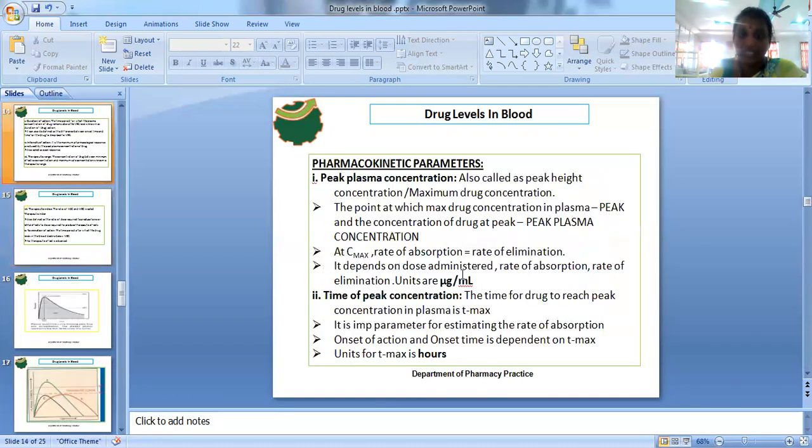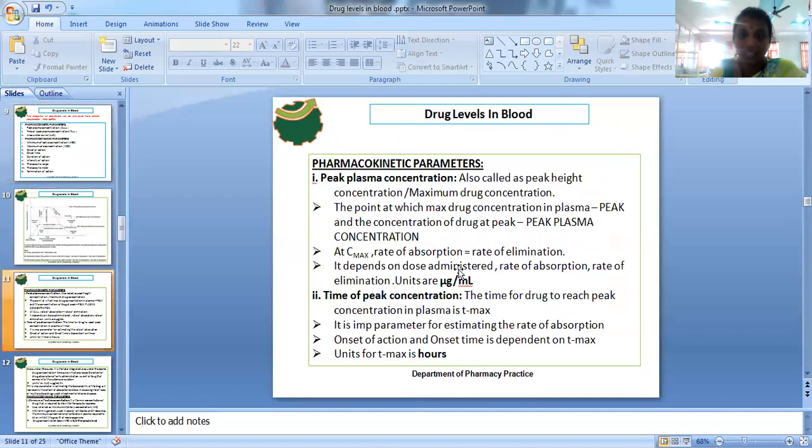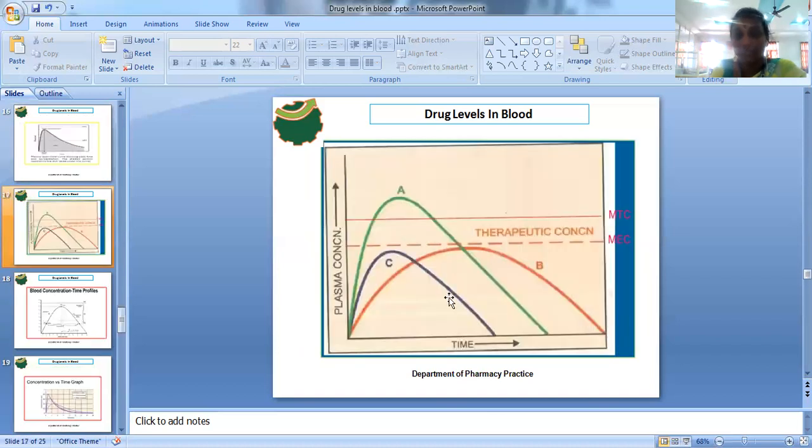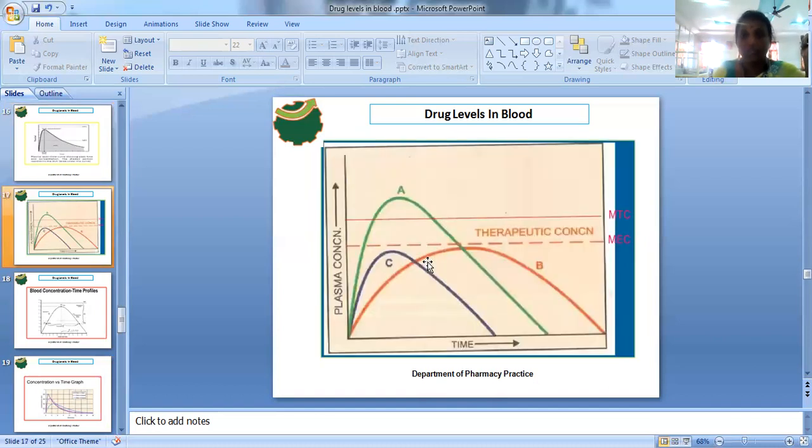In this graph I have mentioned all the parameters, whereas I have not yet mentioned AUC in particular. Whatever shaded portion you see here is said to be the AUC. The total integrated area under the plasma concentration time profile is considered the AUC. And here are different plasma concentration time profiles.